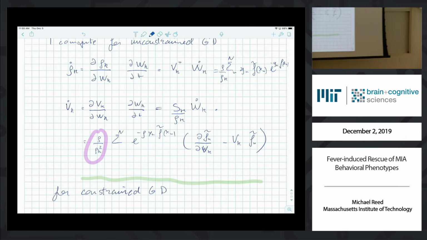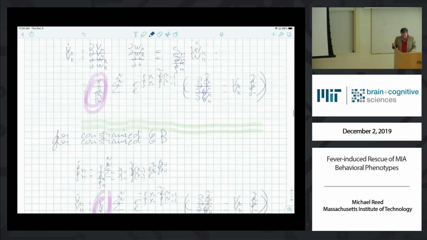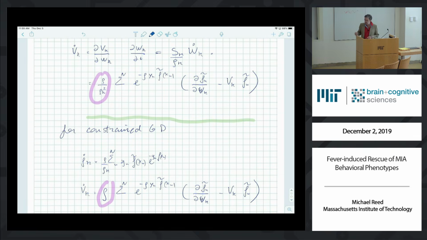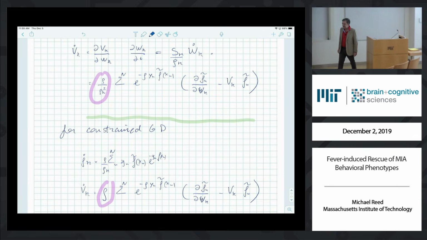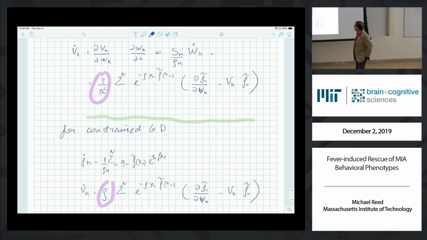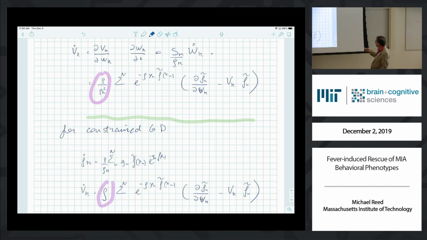So if now I compare this with the constraint, the gradient descent with the Lagrange multiplier, I find that they're very similar. The rho equations are the same.